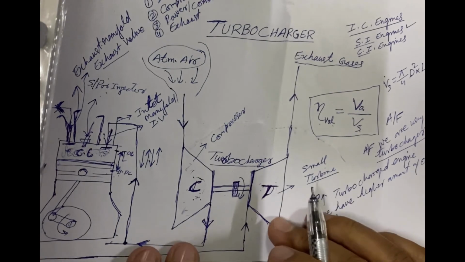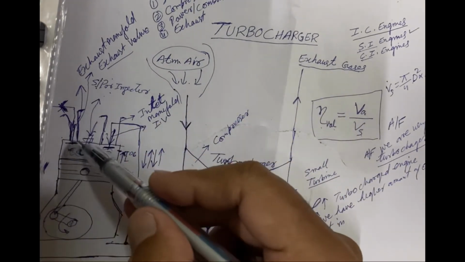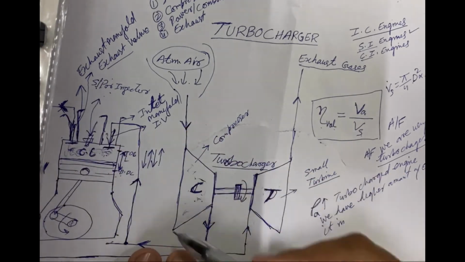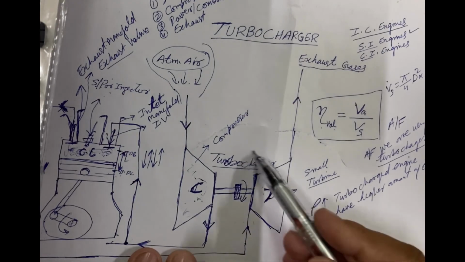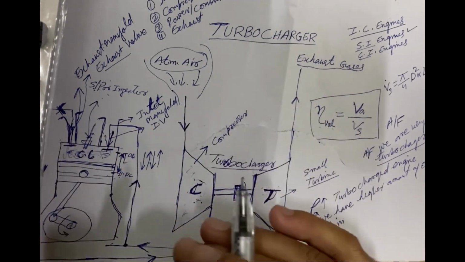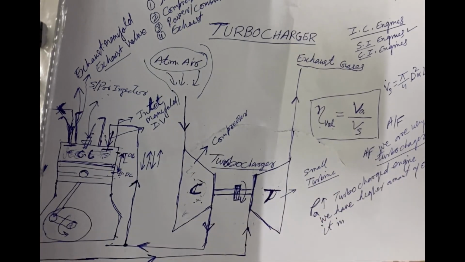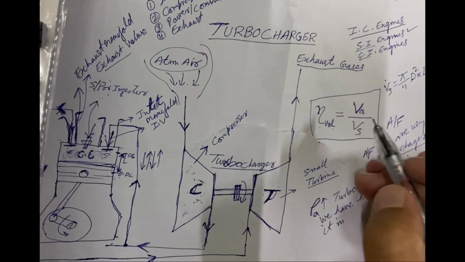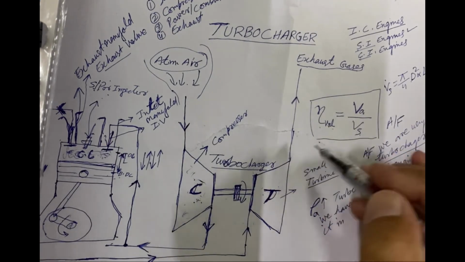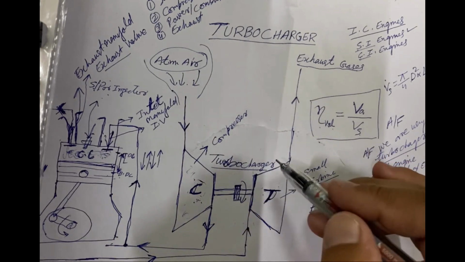This is turbo by the name because the exhaust gases which are expelled from the exhaust manifold are used to run the turbocharger. You have understood this single line diagram of this turbocharger and function of the turbocharger, how it works and how it increases the volumetric efficiency of an engine, and how it helps in the complete combustion of the fuel inside the combustion chamber.